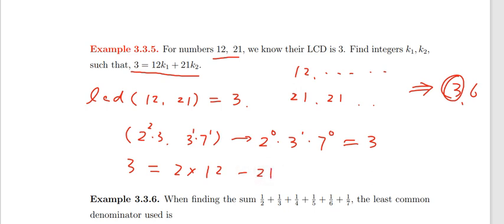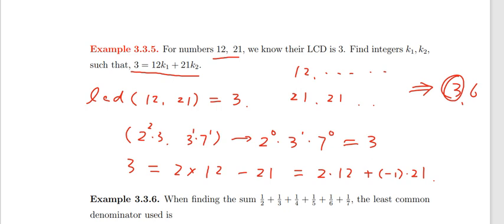So this is 3. So we can say there's a K1 that's 2 times 12 plus negative 1 times 21. Here K1, K2 are just integers, they can be positive or negative.